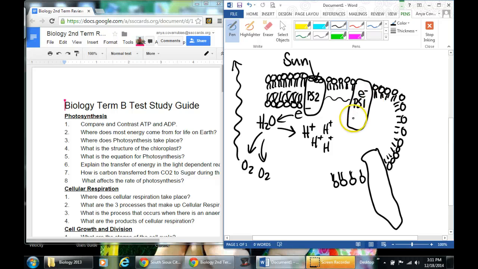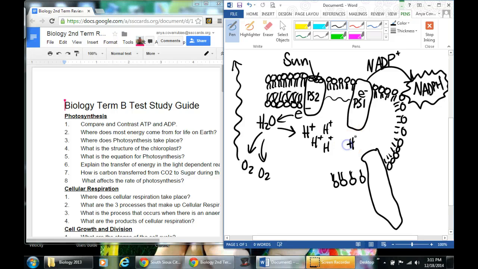And here we're going to create a little bit of energy with NADP. We're going to actually take some energy there, add an electron, make this an energy carrying molecule, and we're going to produce NADPH, which we're going to need in the Calvin cycle.